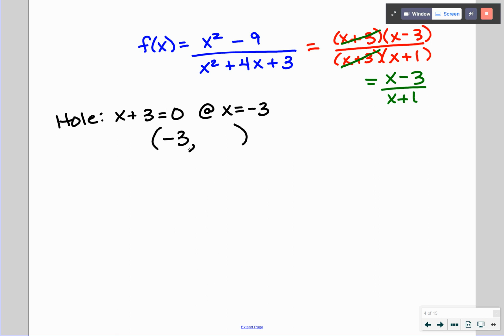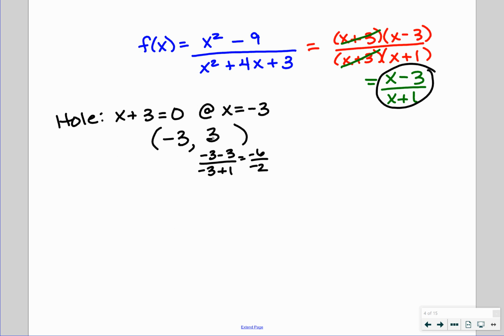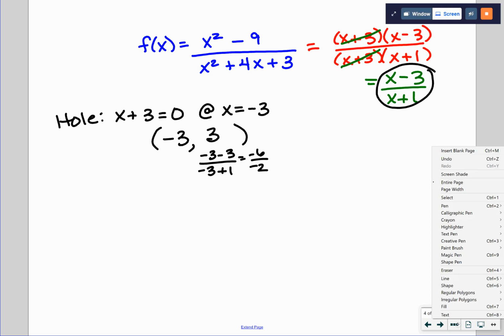And then you just plug it into that green equation there, the simplified one. So it would be -3 minus 3 over -3 plus 1. Let's see, that would be -6 over -2. So +3 would be the y coordinate of the hole. Okay, and again, we'll see that in the graph tomorrow.